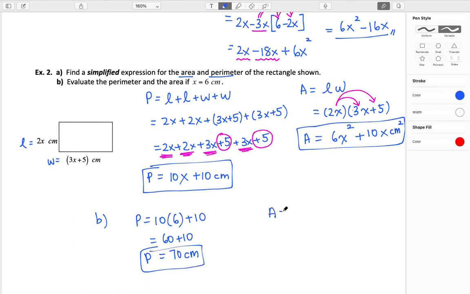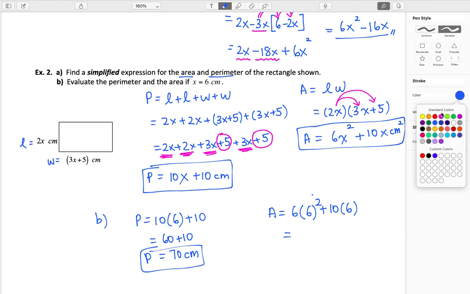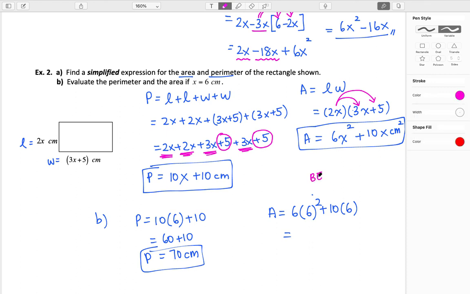On the other hand, for area, 6 times x, where x is 6, squared, plus 10 times 6. Don't forget, you are not going to multiply 6 times 6. You're going to do BEDMAS, right? So you're going to do the exponents first.